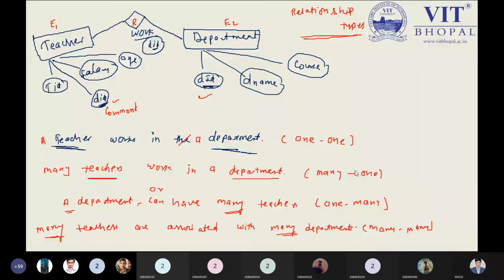So what is happening? Many faculty can teach many students. As a faculty, we are handling many students, and unlike me, many faculties are handling different kinds of students. So we have a one-to-many relationship, and that is the only point.